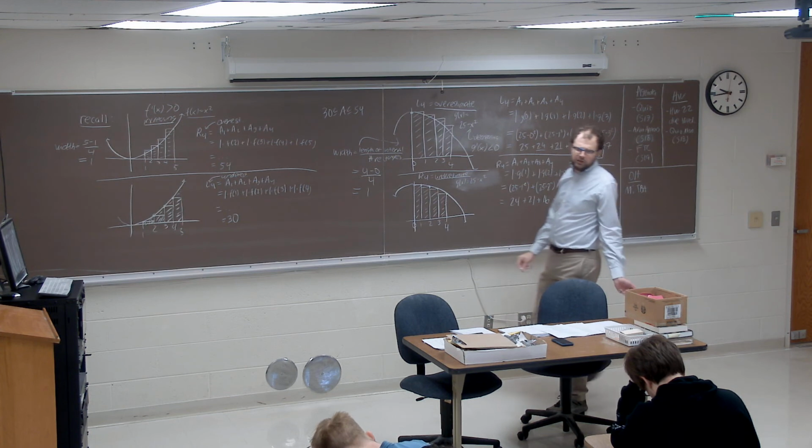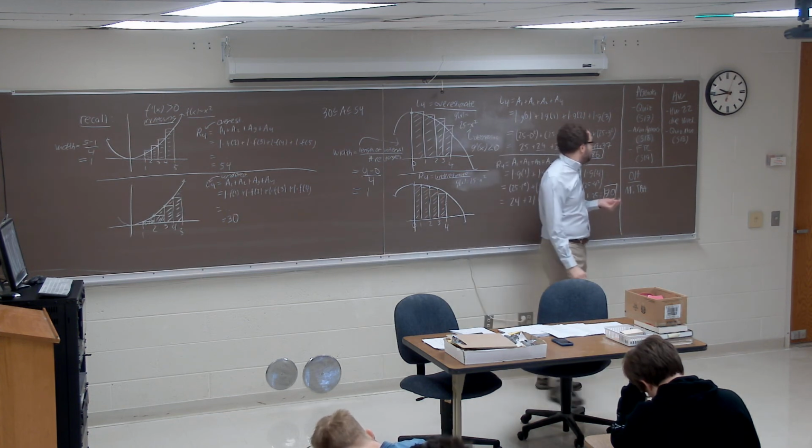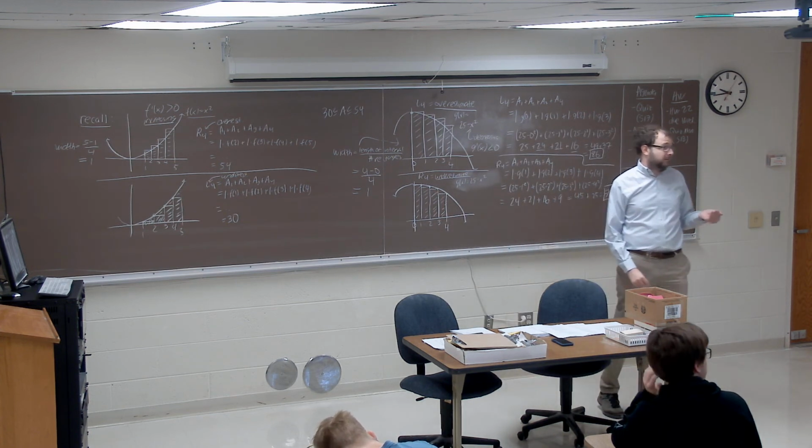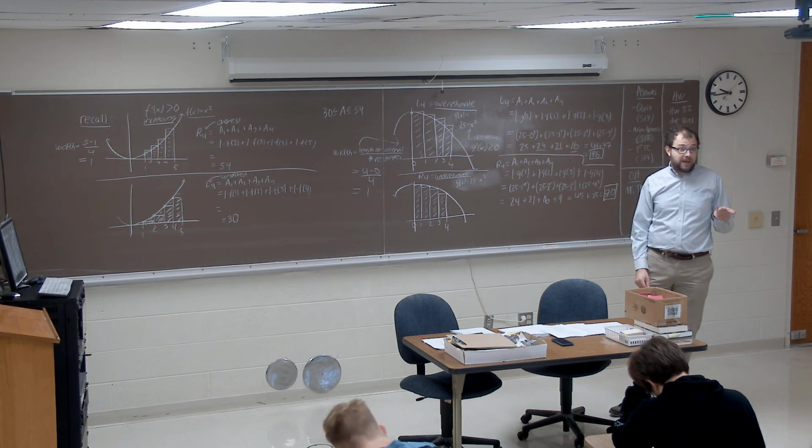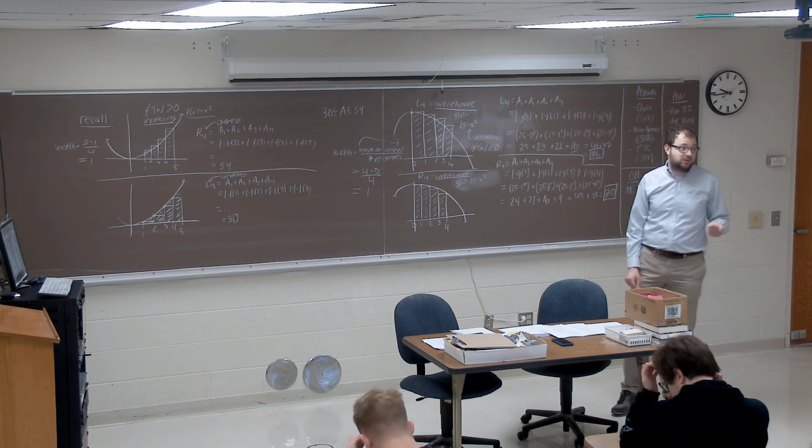So depending on whether the slope of the function you're looking at is positive or negative, that's going to tell you whether you have an over or an underestimate to work with.